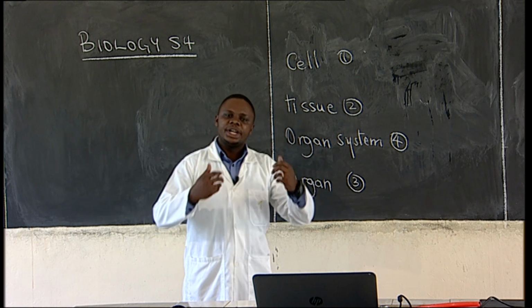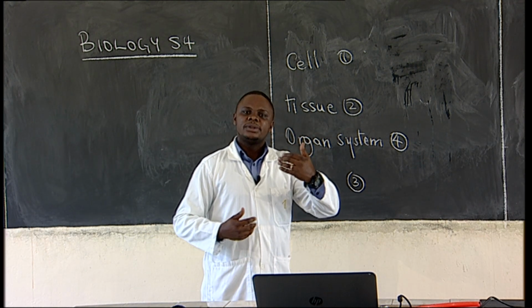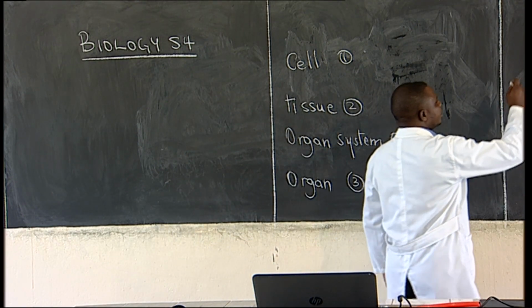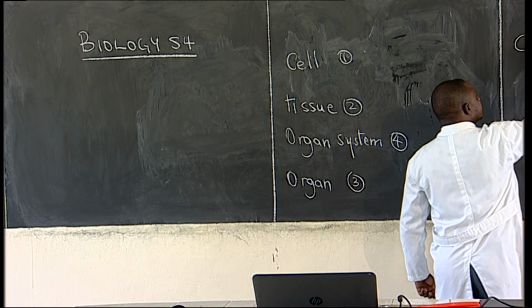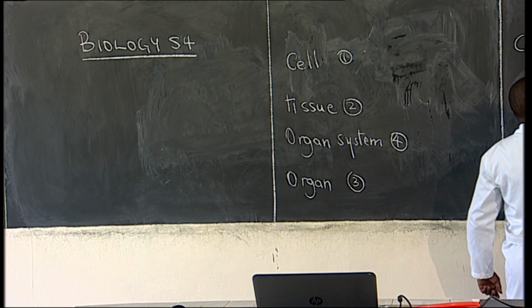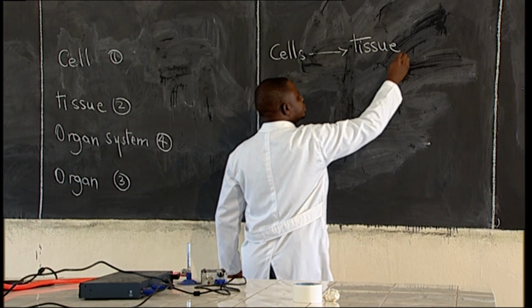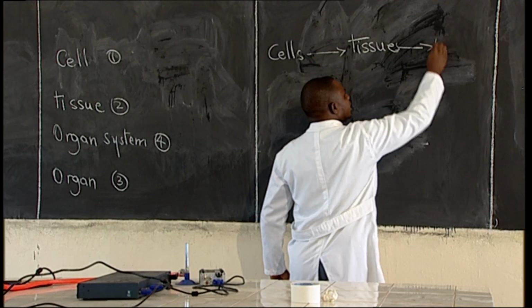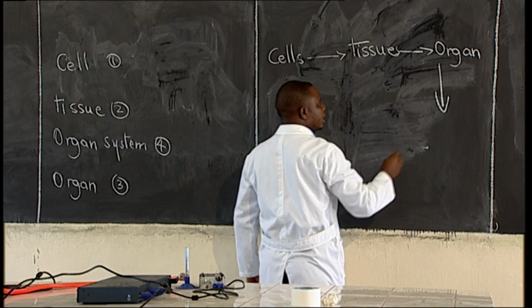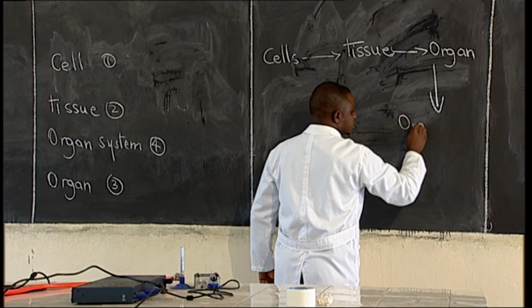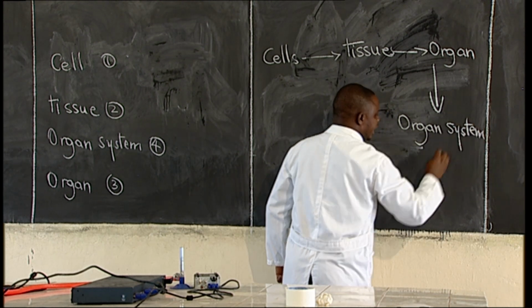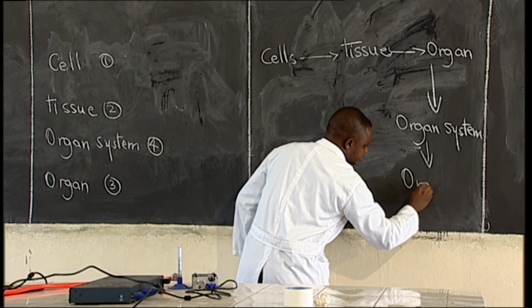Now, how do we arrange them? Which one makes the other? That is the point. Let us say we have cells, which make tissue, and then tissues make organ, then organs make organ system, and different systems make the entire organism.